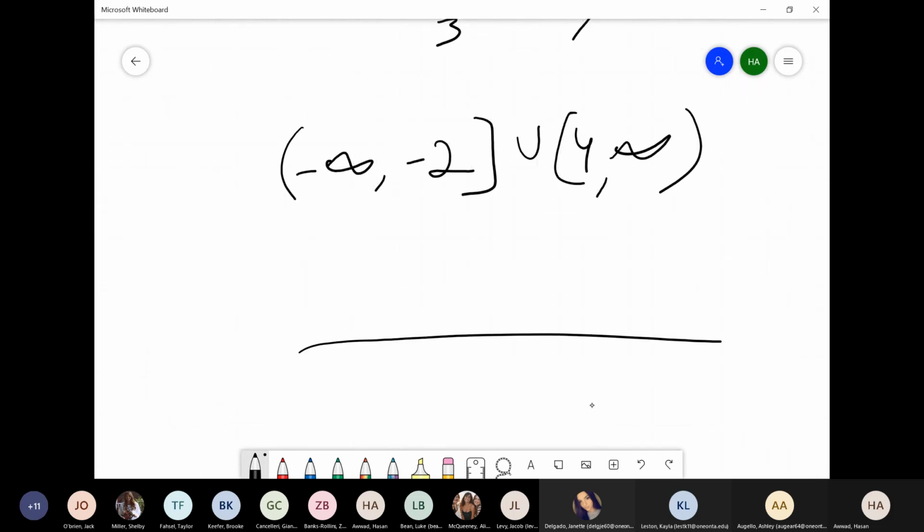So with this, once again, you look for the two numbers that we're really referencing here. And the two numbers that we're referencing are negative 2 and 4, right? Those are endpoints. And yeah, infinity and negative infinity are technically endpoints, but because they're just going off forever, you're not stopping at a particular number. So you don't have to worry about picking a particular number for infinity or negative infinity.